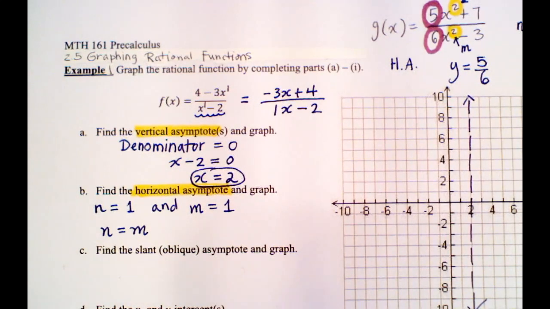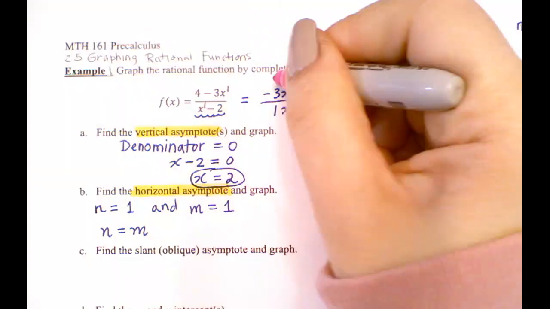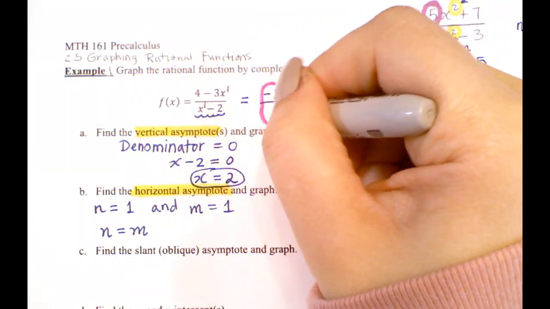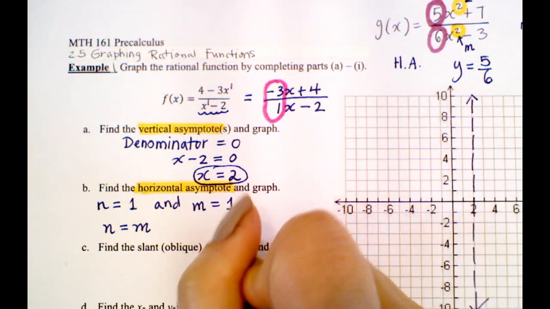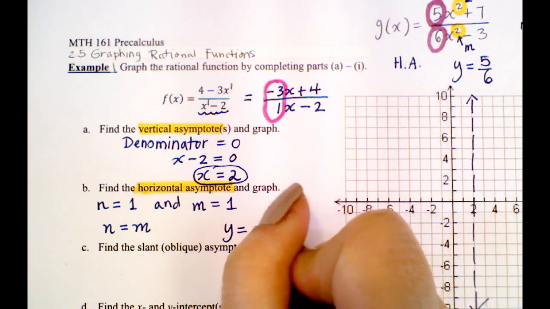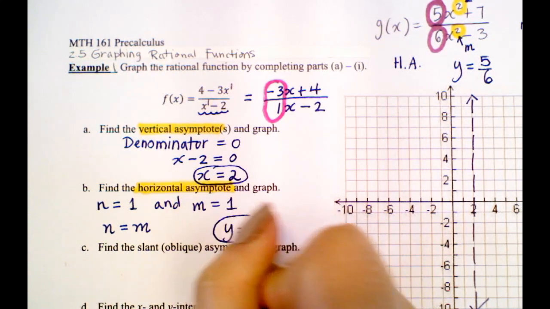So the horizontal asymptote in this case is going to be the ratio of their leading coefficients. And what are their leading coefficients? The numerator is negative 3 and the denominator is 1. So the horizontal asymptote is at y equals negative 3 over 1, which is just negative 3.